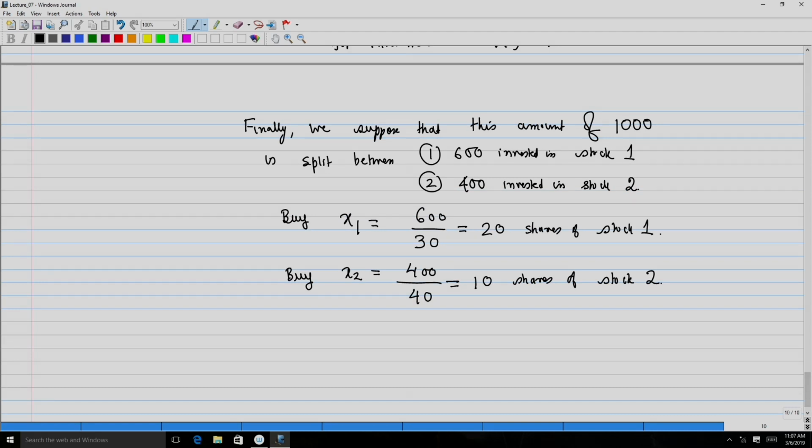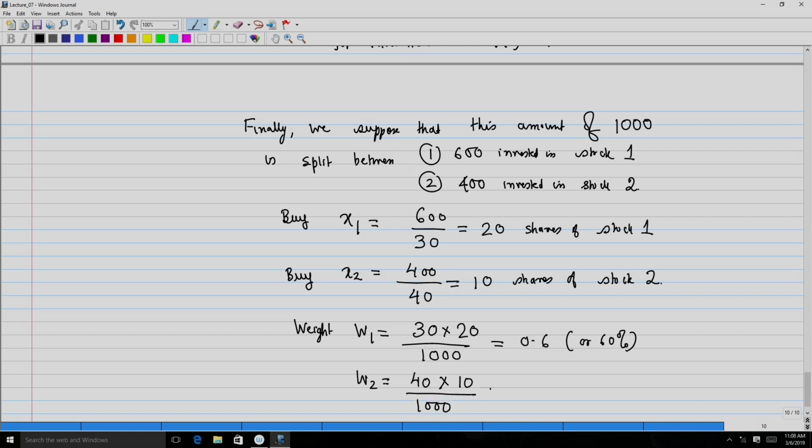Then from this we can get the weights. So, the weight of the first asset W1 is going to be 30, which is the price of each of the stock, into 20, number of stocks you have bought, divided by the total amount available 1000, and this is 0.6 or 60%, and the weight for the second stock is going to be 40, the price of each stock, into 10, number of stocks, divided by 1000, and this is going to be 0.4 or 40%.